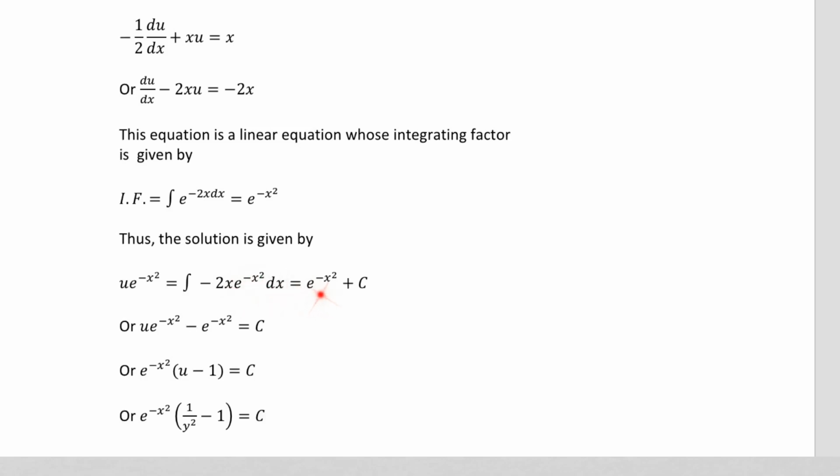This becomes e to the power minus x square plus a constant of integration c. Substituting for u, we get this result, which is the final solution of the given differential equation.